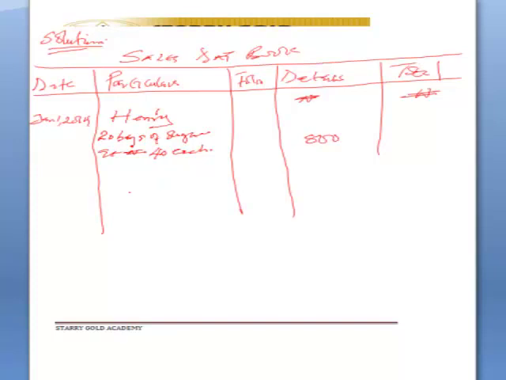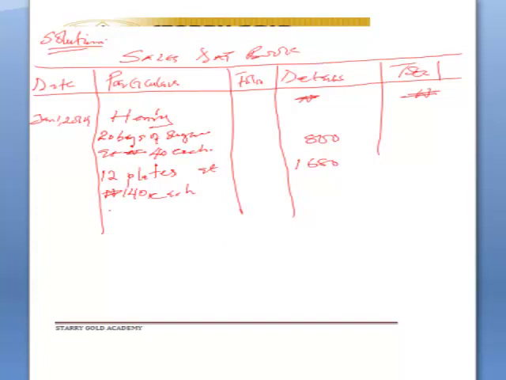Then the next is 12 plates at 140 naira each, and that is 12 times 140, and that will give us 1,680.